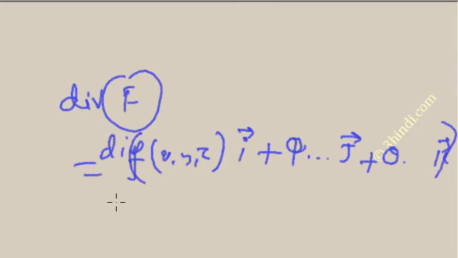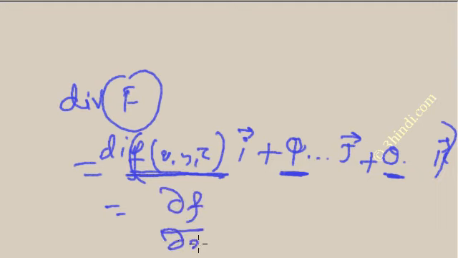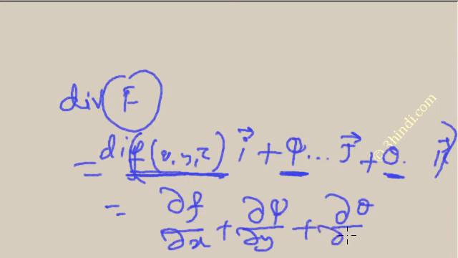If you require the div of this function, you differentiate the first function with respect to x only, the second function with respect to y, and the third function with respect to z. You add all and you will get the divergence of f. That means del f by del x plus del phi by del y plus del theta by del z.